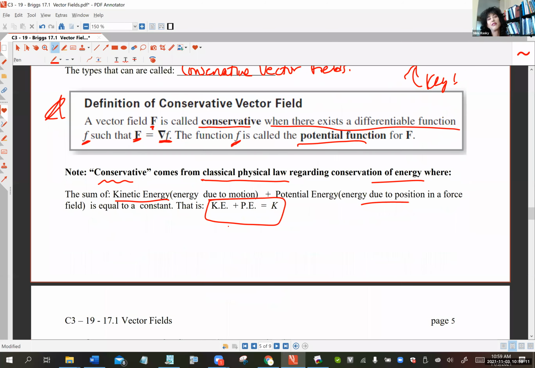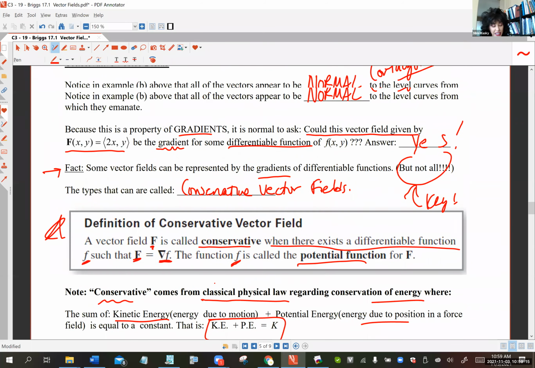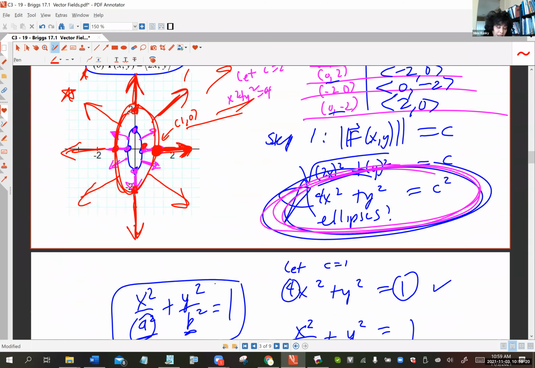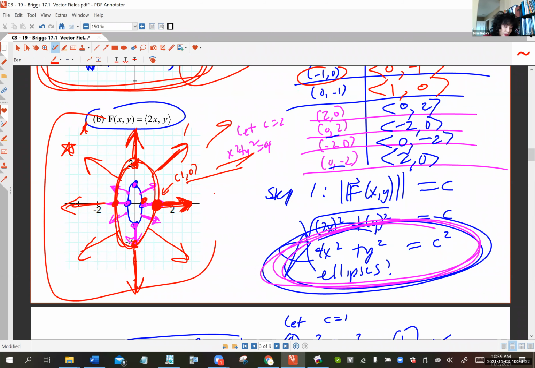So how do you tell if a vector field is conservative or not? Are we going to have to sit here and sketch vectors and make charts, which takes forever and is kind of annoying, until we figure out, oh, this is a conservative vector field because all of its vectors are orthogonal to the level curves? So letter B is a conservative vector field, whereas letter A is not.